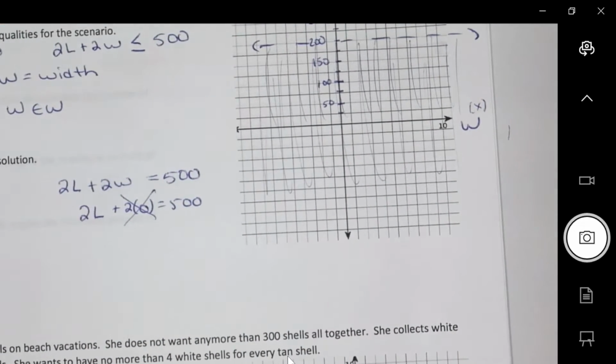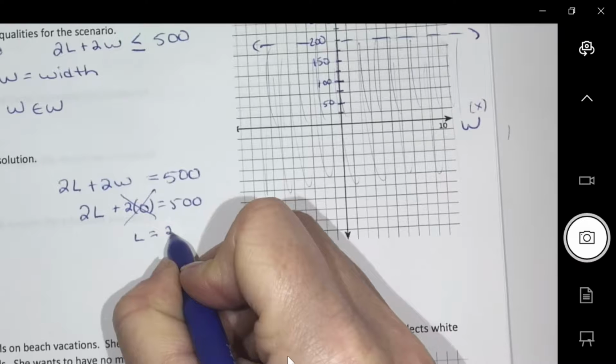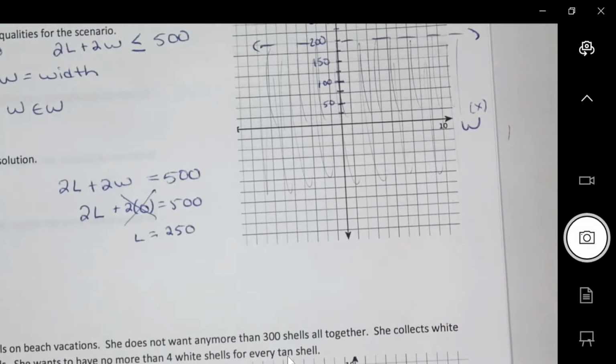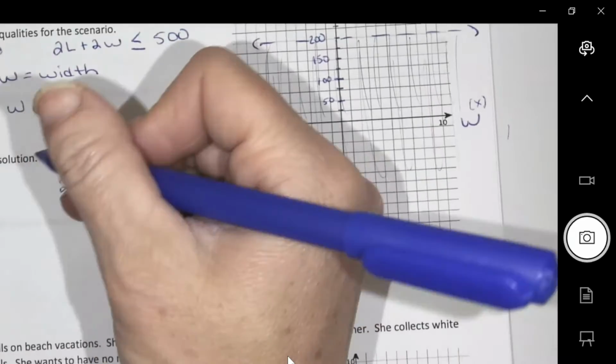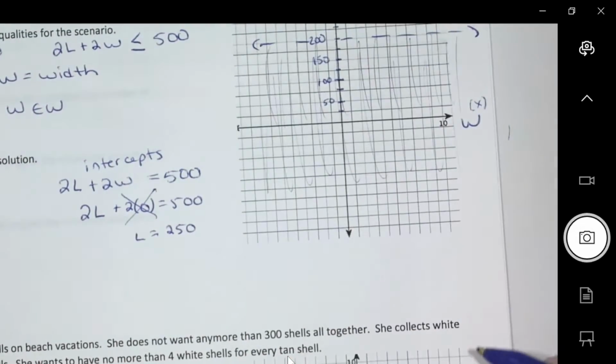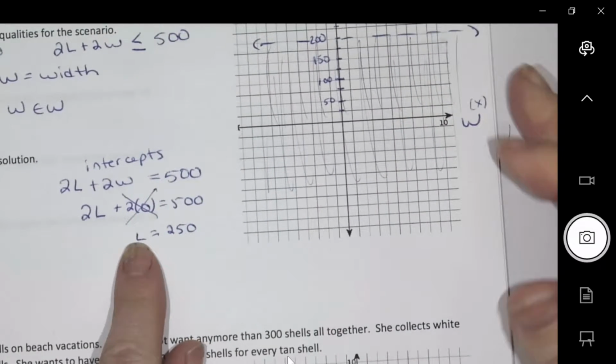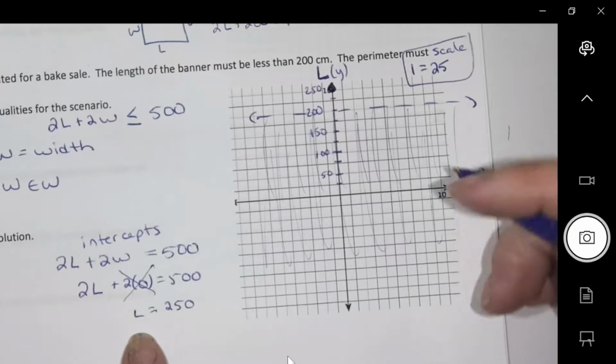What would the length have to be? 250? So the L-intercept is 250. So I'm going to put that on there. 250.